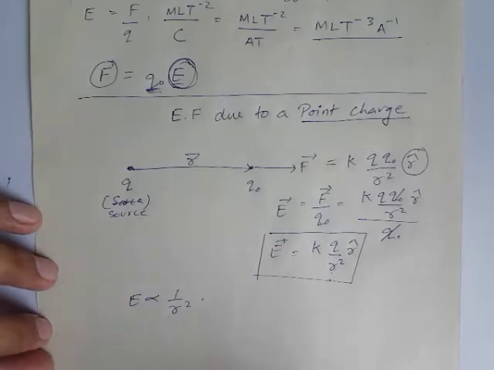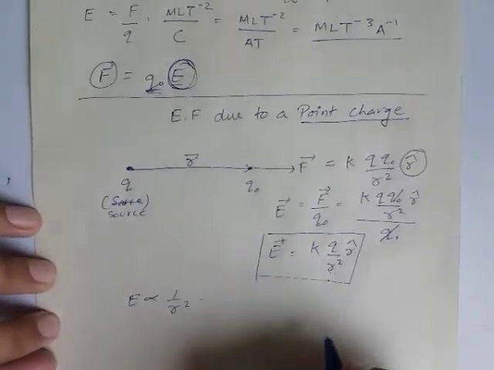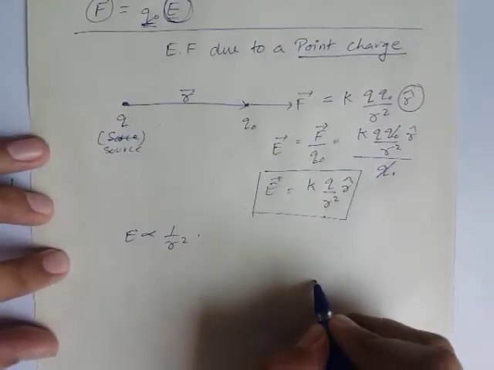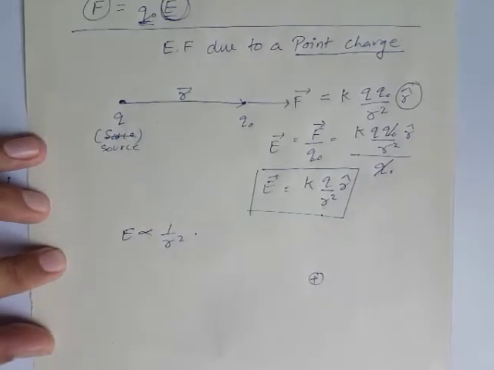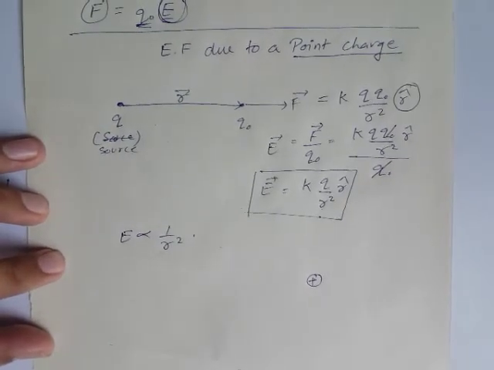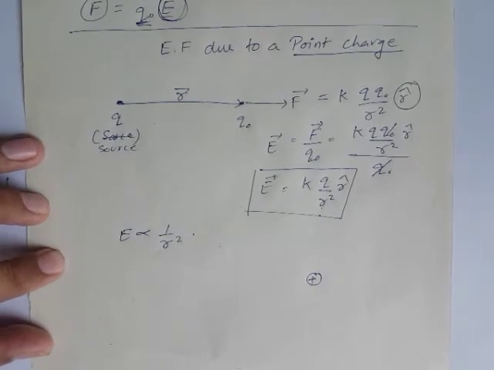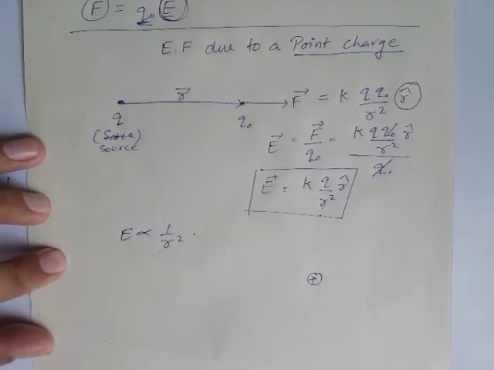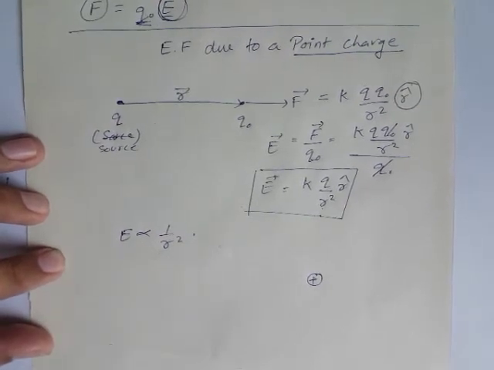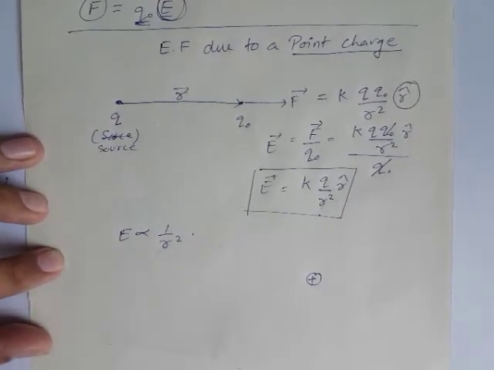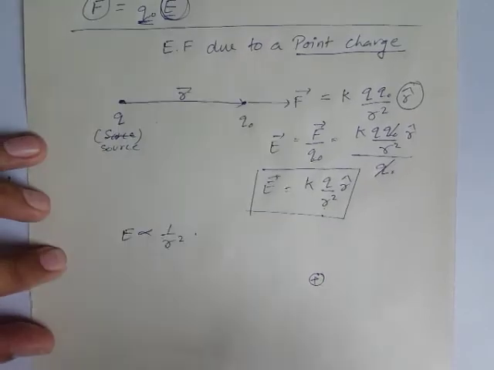And we can also say that if we place a source charge, then on a spherical surface drawn around this source charge, the magnitude of E is the same, and it does not depend on the direction. Why does it not depend?